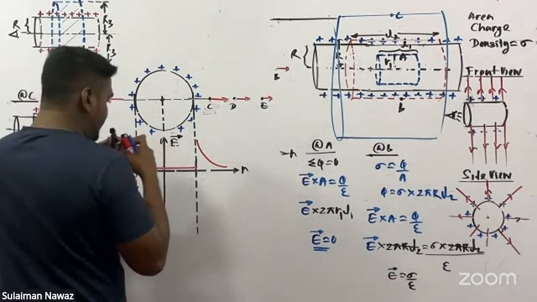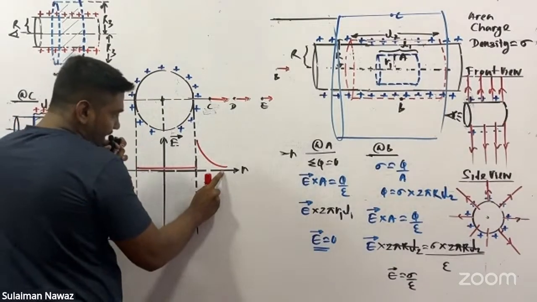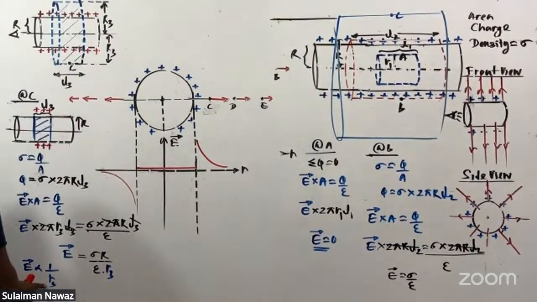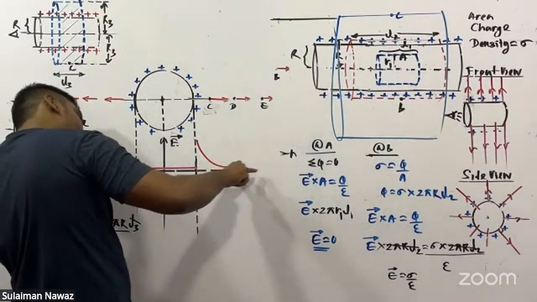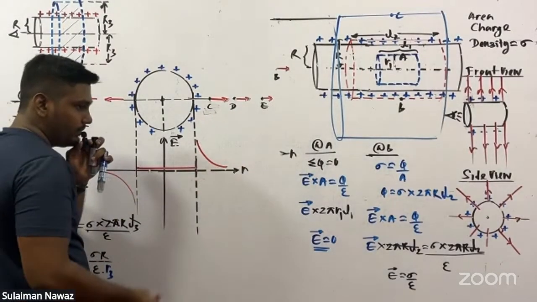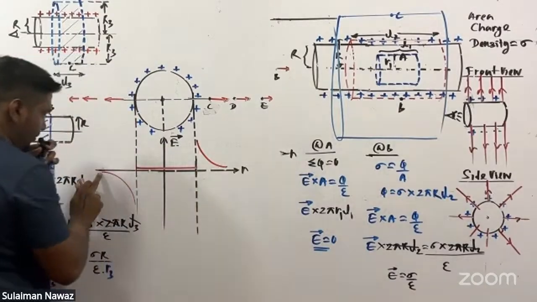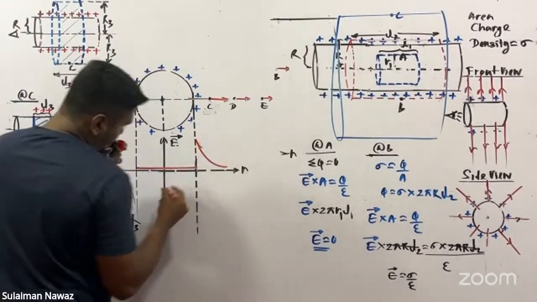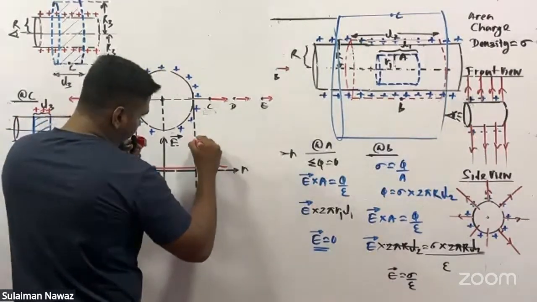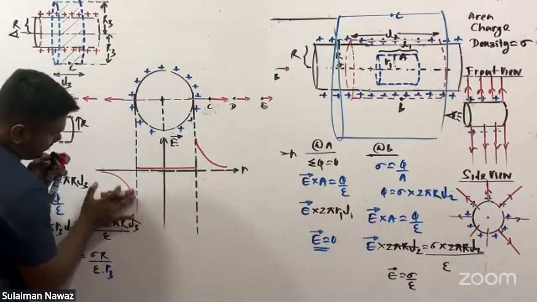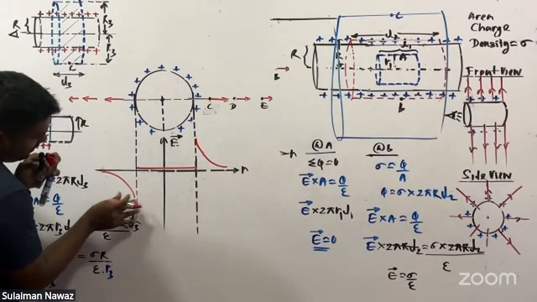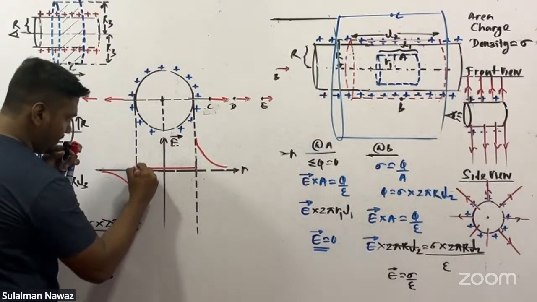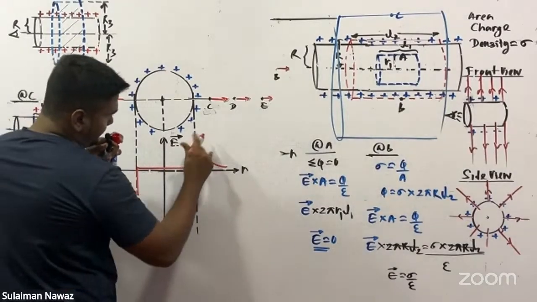Remember, this graph touches the y-axis, but the x-axis it doesn't touch because, why? We know that when r is infinity only, intensity will become zero. Therefore, it won't touch your x-axis, but it will touch your y-axis. So you can draw like this.